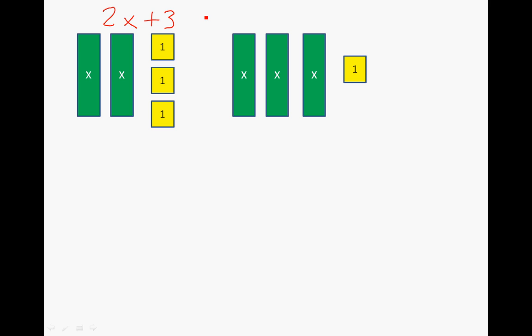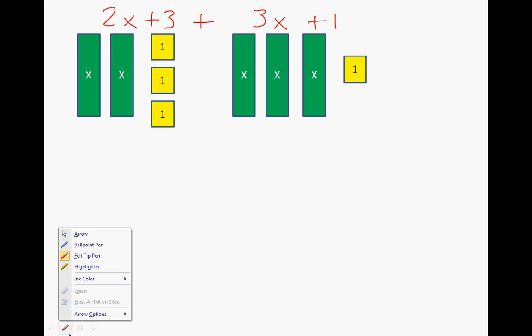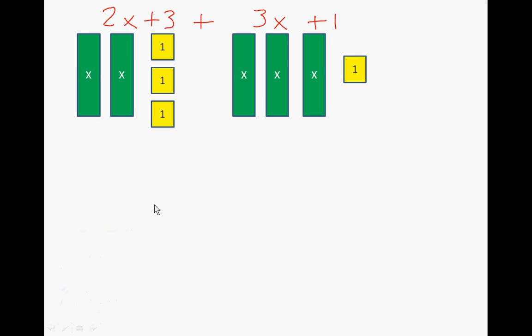And what we're doing, according to the setup on the other page, is adding 3 x's plus 1. Okay? So when you have this, you can group them. So let's see what happens when we group.